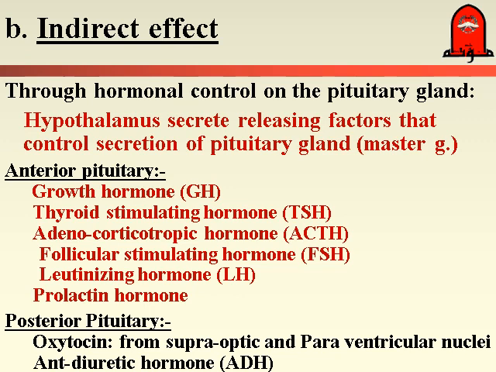For example, the posterior pituitary gland secretes oxytocin. The oxytocin really is synthesized in the supraoptic nuclei, which are nuclei in the hypothalamus, and the paraventricular nuclei, which are present in the hypothalamus. When we stimulate the hypothalamus, there will be secretion of oxytocin.